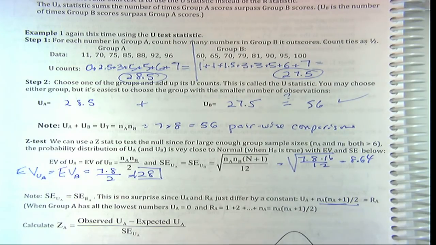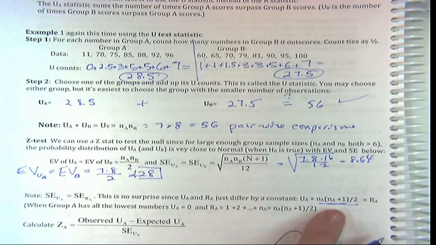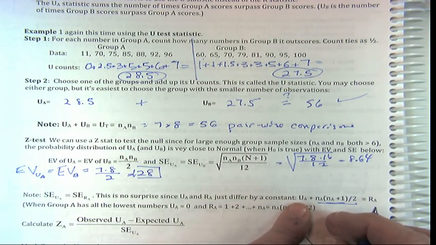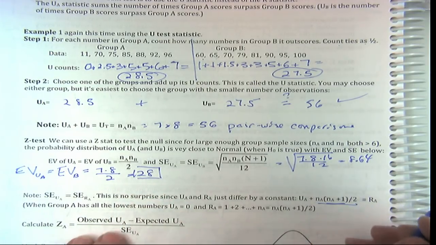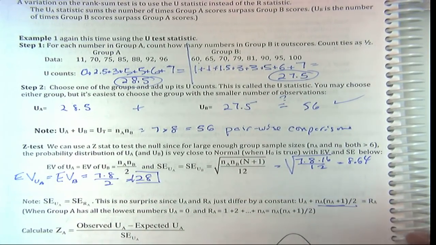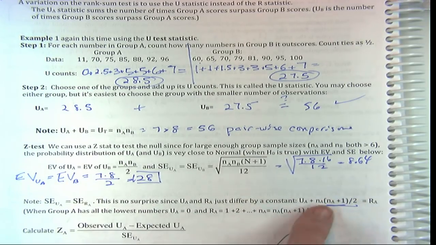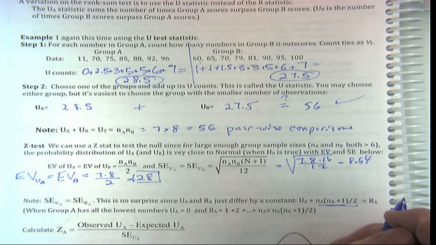They just differ by a constant. We can check that. UA right here is what? It's going to be equal to that plus RA. Let's see. Do you think that's?